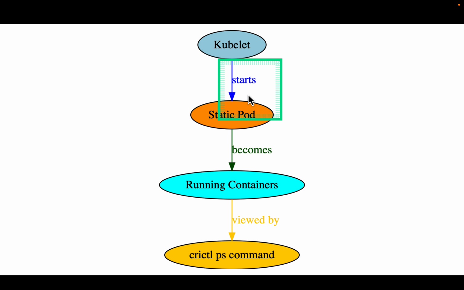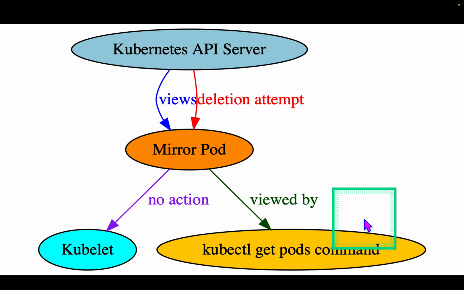The kubelet starts the static pod, and the static pod becomes a running container, which can be viewed, for example with containerd, using the crictl ps command. The Kubernetes API server can view the mirror pod, there is no action on a deletion attempt, and it's possible to use kubectl get pod commands to see the mirror pod.